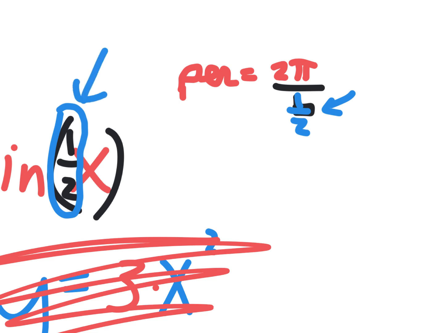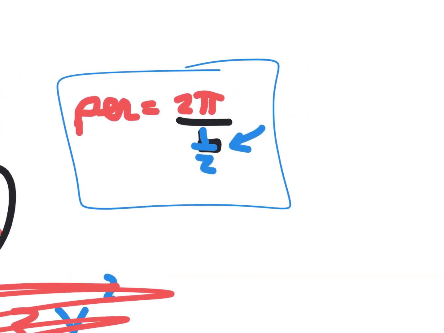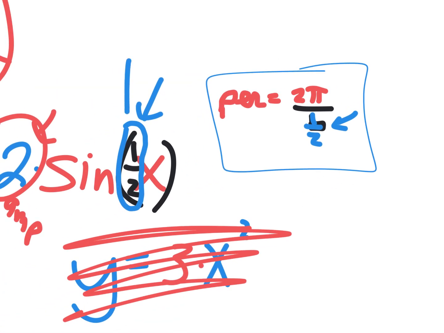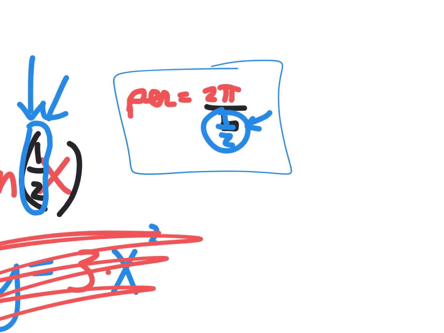Because you'd think it would make it half as wide, but it makes it twice as wide. And that's this little formula at work. The period is 2 pi, but you divide by whatever number is there, that's b. And if b is a fraction, you do the opposite of what you would think. It doesn't make it half as wide, it makes it twice as wide. Because if you multiply this by flip it, it'll make it times by 2 over 1.